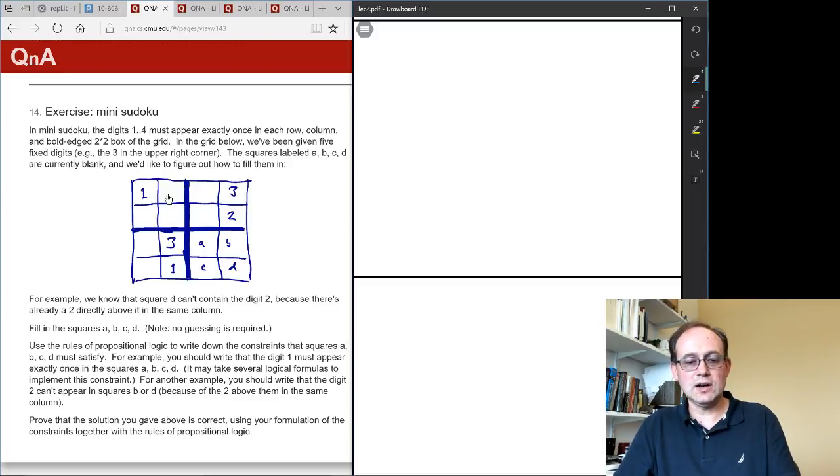In particular, in every row of 4 squares, in every column of 4 squares, and in every heavily outlined box of 4 squares, the digits 1 through 4 each appear exactly once. So for example, here, because there's a 1 in this group of 4 squares, there can't be a 1 in any one of these other squares.